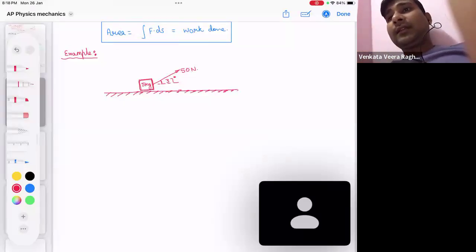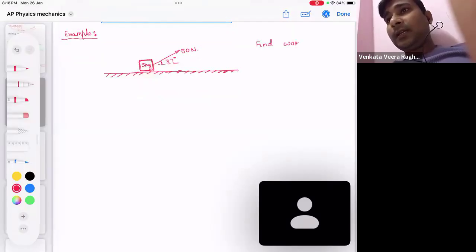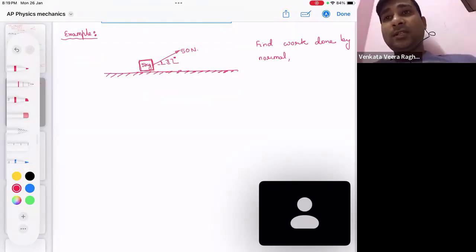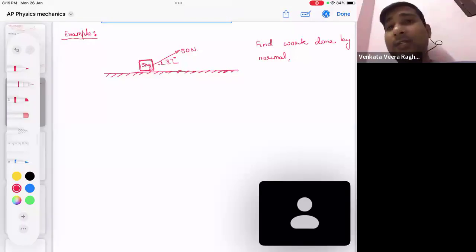They are asking in the question, find the work done by... Chalo, let's write it. Work done by normal. How many forces are acting on this object? Normal is acting, gravity is acting, and that external force of 50 Newton is acting.